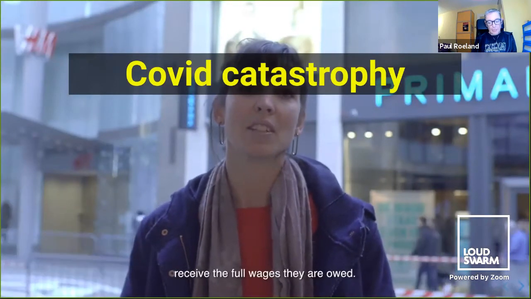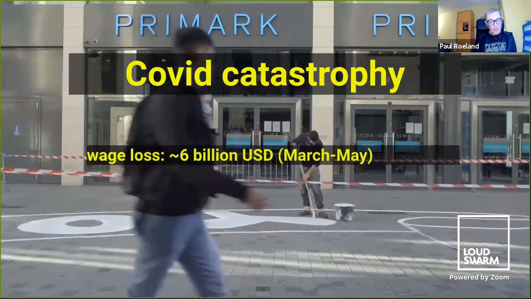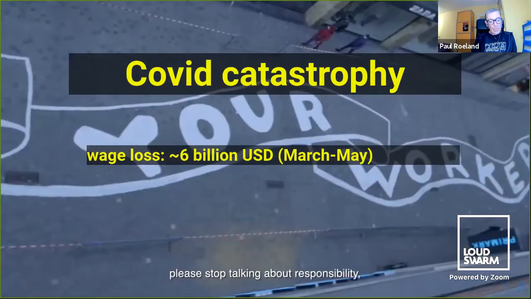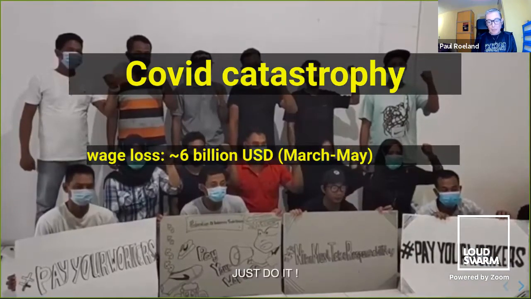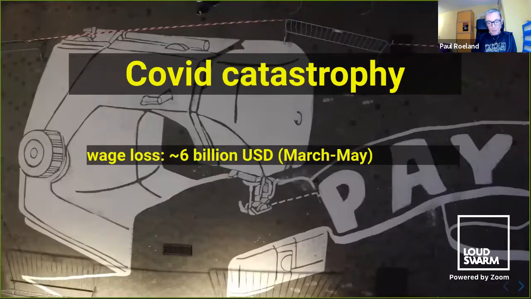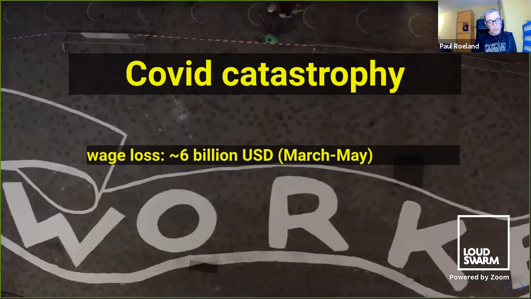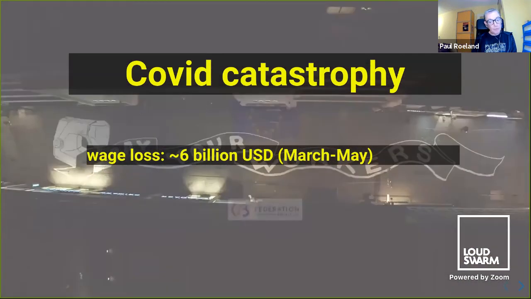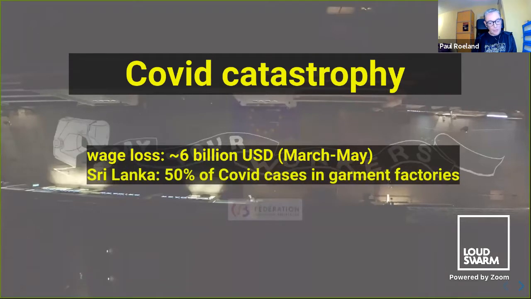So the first thing that the big garment brands did was basically cut their orders. And that means a wage loss that we calculated for garment workers in the first 3 months alone was about $6 billion US. And remember, these people have very, very little salary to start with.